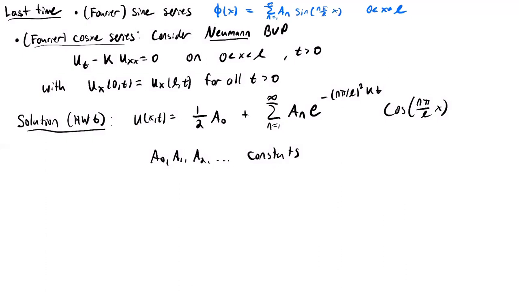Then the question is, how do you calculate these coefficients? We answered that by developing a notion of orthogonality for functions with certain boundary conditions, and then we used this concept of orthogonality, of functions being somehow perpendicular, to derive the formula for a_n.